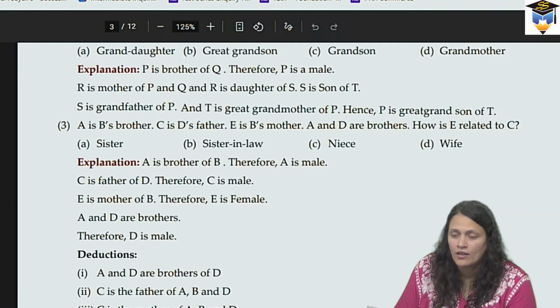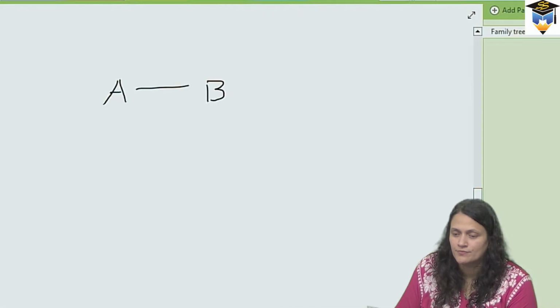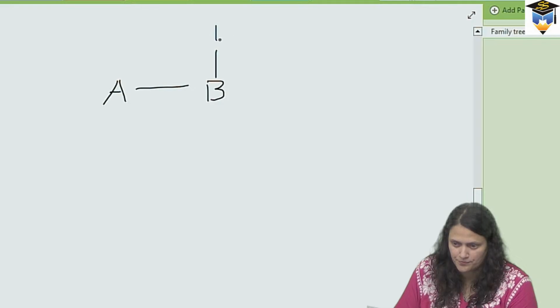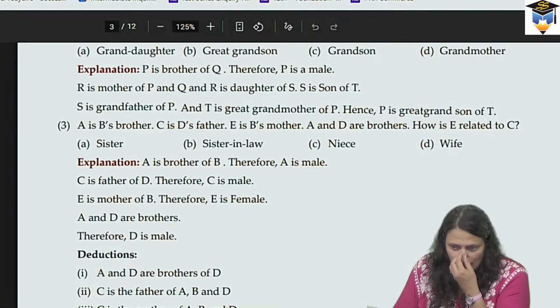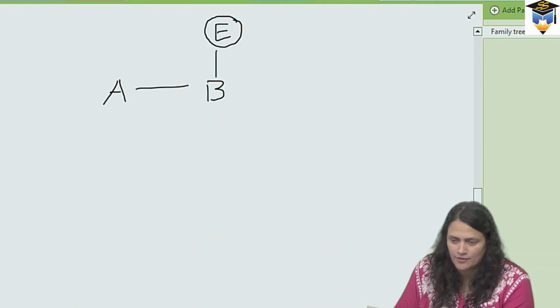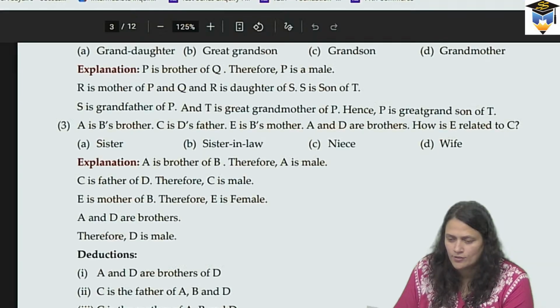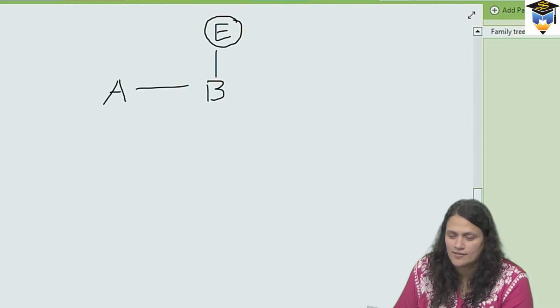Okay. E is B's mother and C is D's father. Okay. So A and D are also brothers.